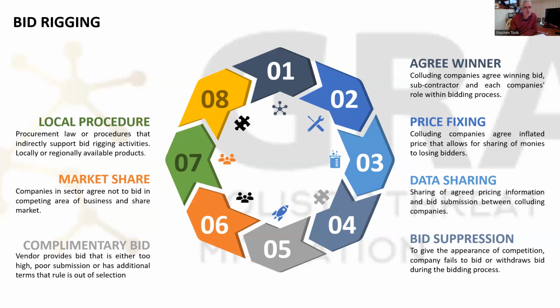You have obviously market sharing, and you also may have, I don't know what the legislation is like in Madagascar, but certainly in some countries you will have particular law and procedures where bids have got to be submitted in a certain format. They have to contain certain information, and if they're badly written, they will be ruled out. They may be the best bidder, but because it's badly written, they will be ruled out.